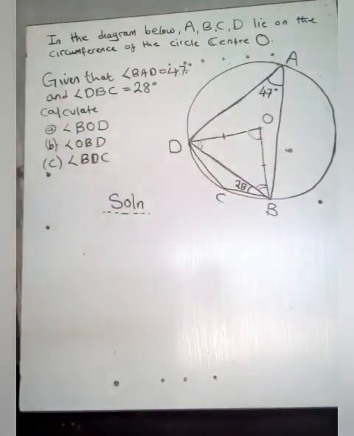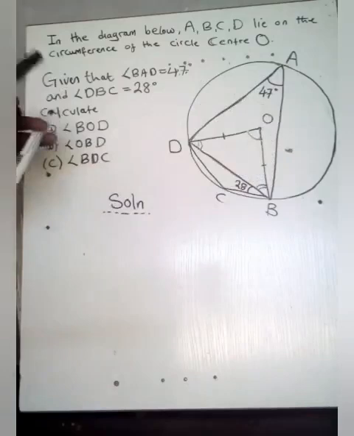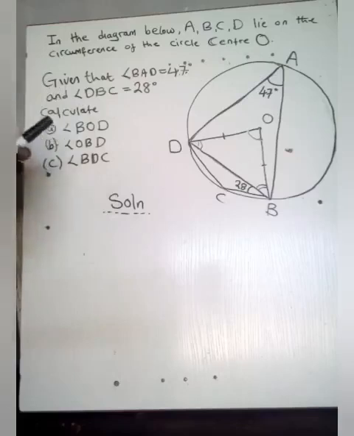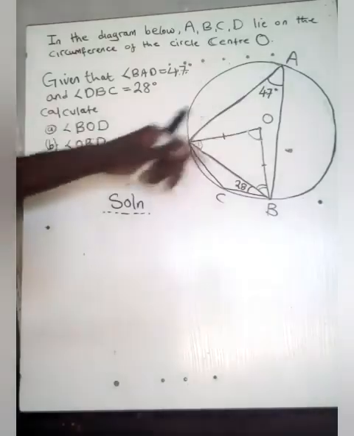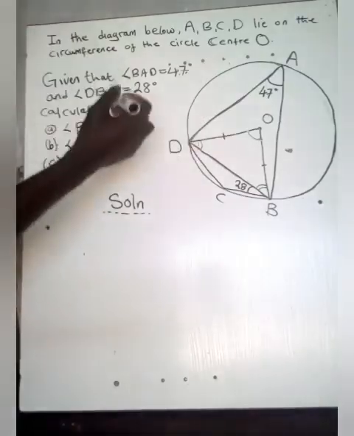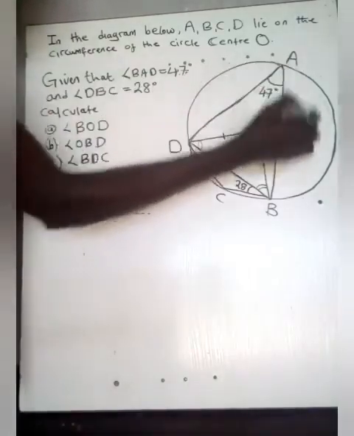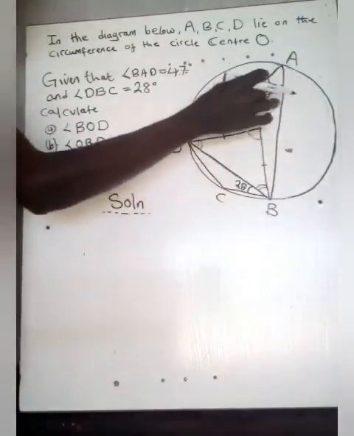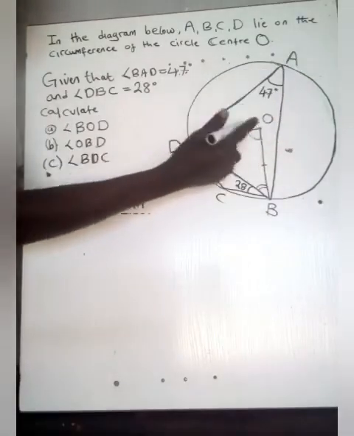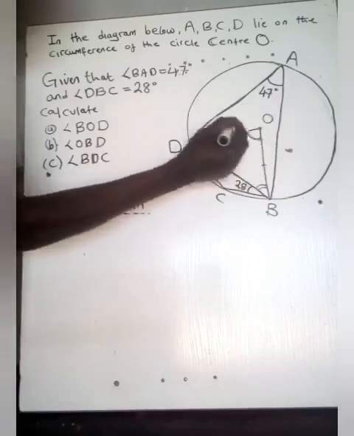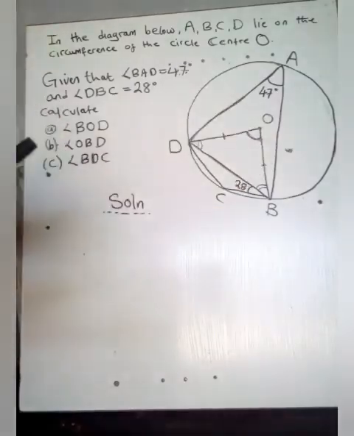So here, what am I seeing? Am I seeing the theory of angle at the circumference 2 times angle at the center? You see, I can employ that theory that angle at the circumference becomes 2 times when it comes at the center. The angle at the circumference is this one, DAB, 47 is at the circumference. When it comes here, it will become this angle. It becomes 2 times. I'll use that theory.